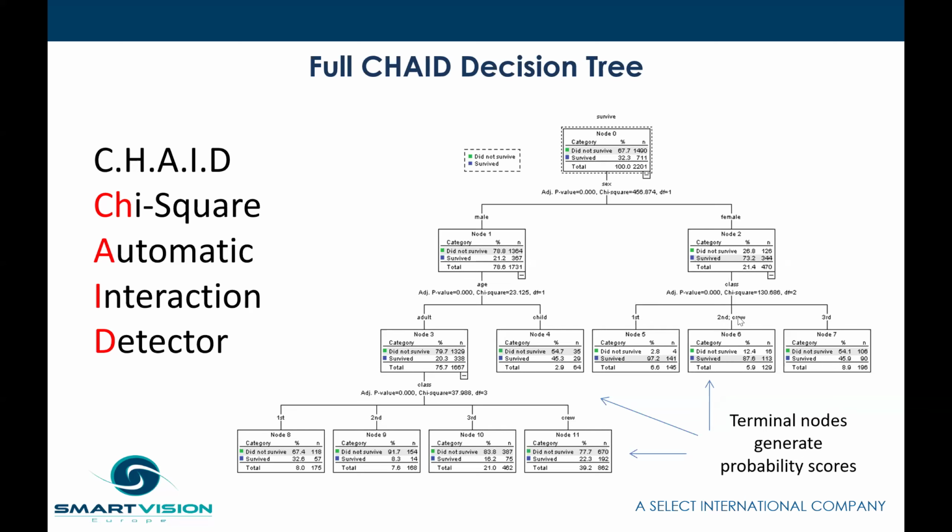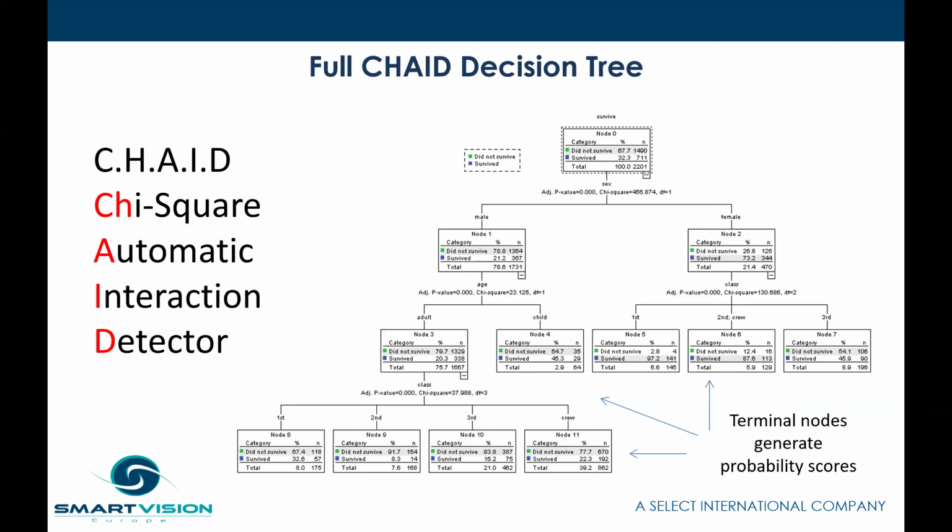It doesn't make a difference. Their survival rates are too similar. Women traveling in third class, 45.9% survival. So it's really useful if you have an ordinal field like region or product type. It will find the groups that kind of coexist, that group together, that aren't different from one another statistically.